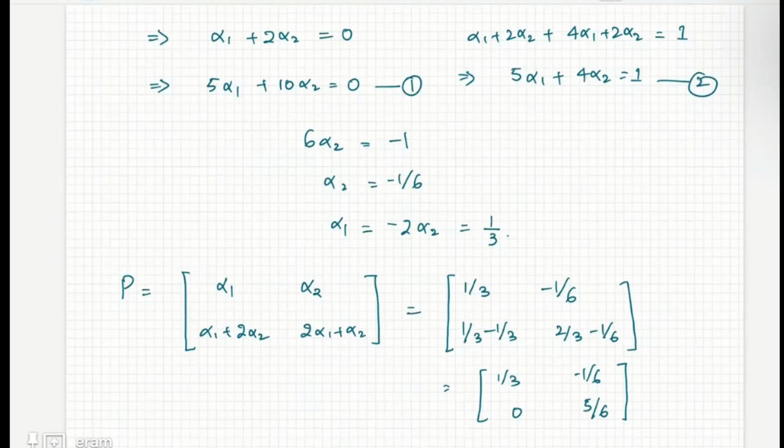Oh, sorry. It is 3, 2. 3 by 6, 1 by 2 it will be. So it is 1 by 2.